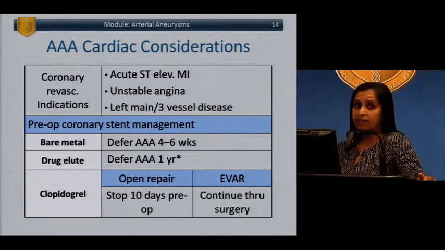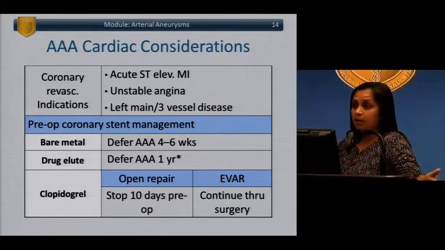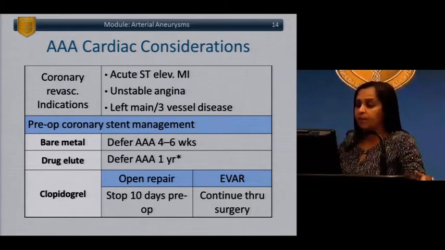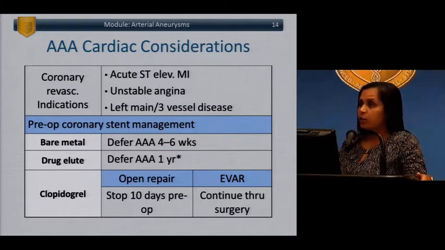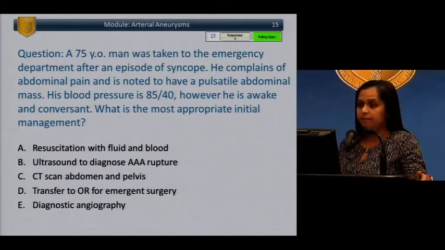With drug-eluting stents now, the recommendations are 1 year. So depending on the aneurysm size, you want to defer the procedure until you can hold the Plavix. Again, these considerations are not as important with endovascular repair, which we can perform while the patient is taking Plavix.